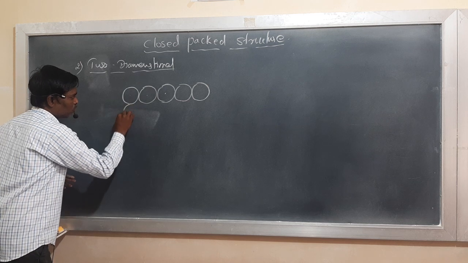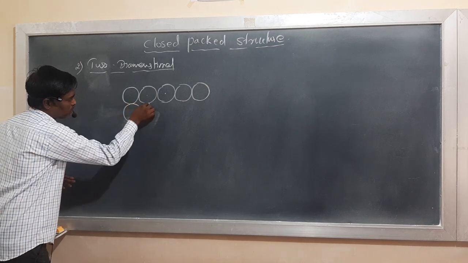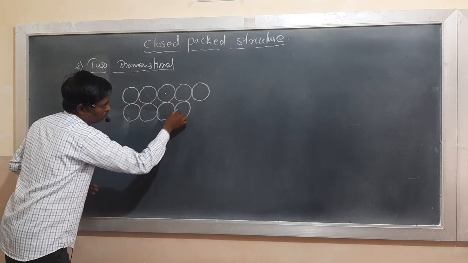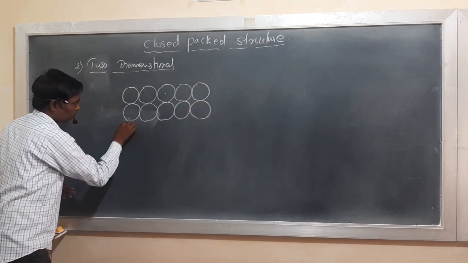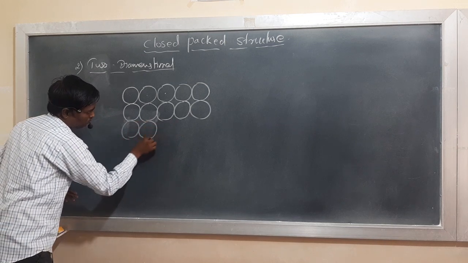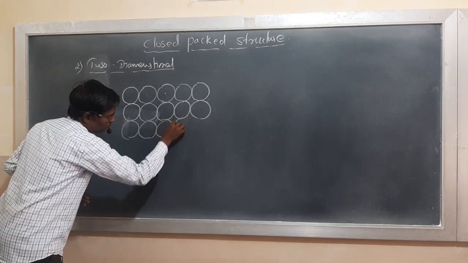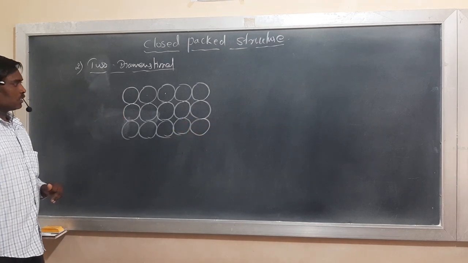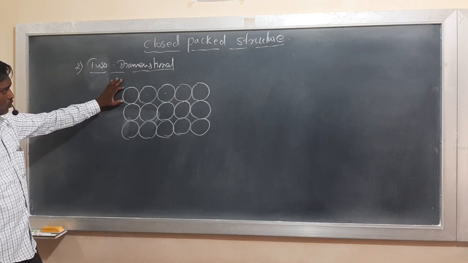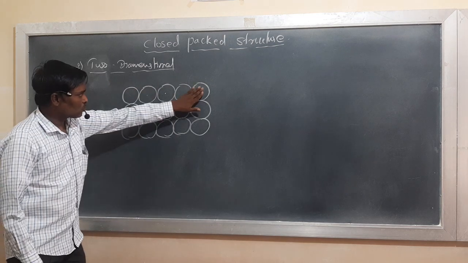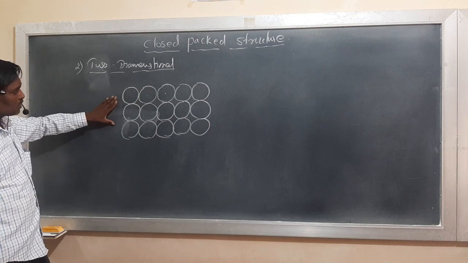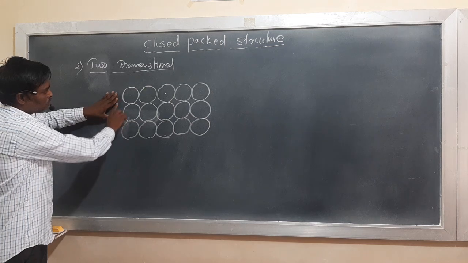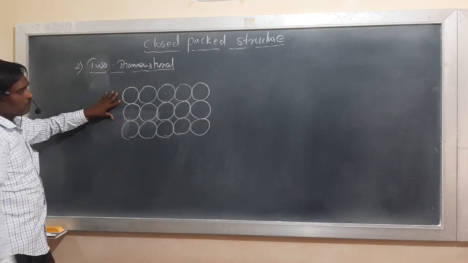Like that, the second ball is placed exactly below the first one, like this. So this is the type of arrangement. Here this is the first row, the particles are arranged in the x-axis, then the particles are arranged in the y-axis. So the first row is exactly the same as the second one.